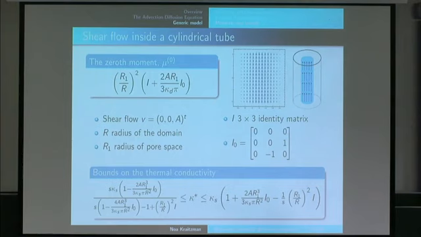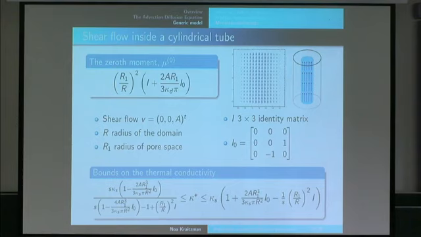So for our toy model, we took a three-dimensional cylindrical tube with a cylindrical tube inside, which is our pore space. So we have the fluid inside and the ice outside, and then we can calculate. Before we calculate, we also assume that we have shear flow.